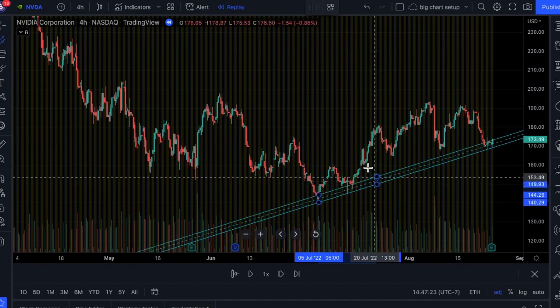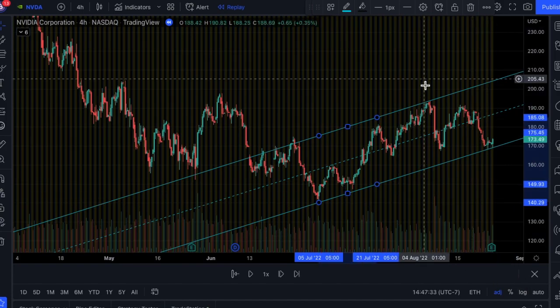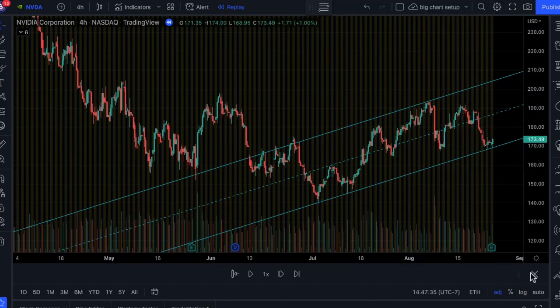But these parallel channels give you so many different places to line up price action where you might get a reaction from NVIDIA. So it's like seeing just where this lines up. You get a reaction through this middle line here, and then you can see repeat touches up there.